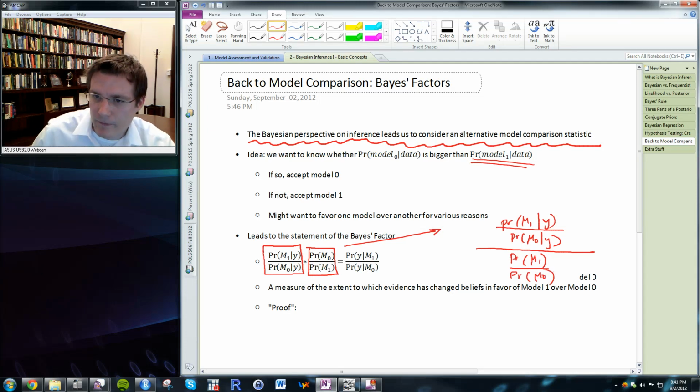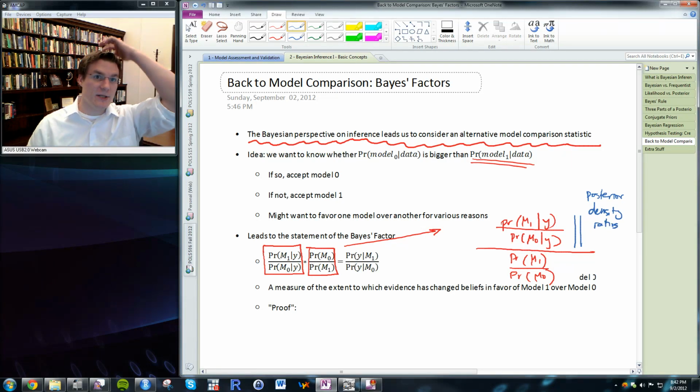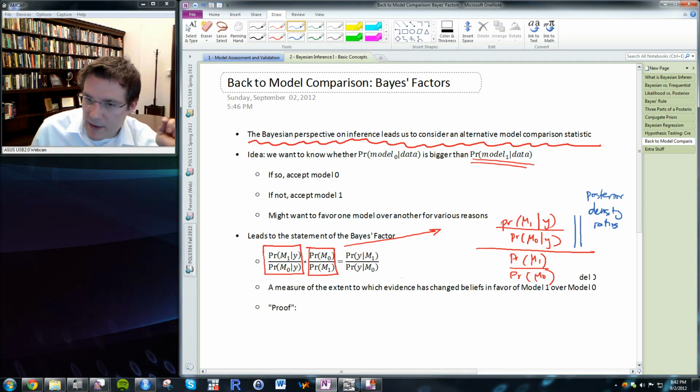Let me get a blue pen. These here are the posterior density ratios for a particular model, and these are the prior density ratios.